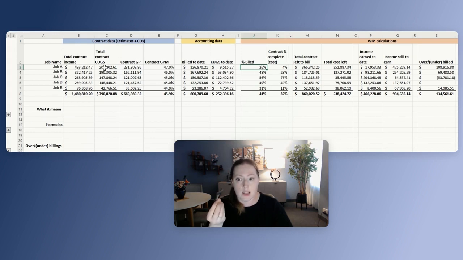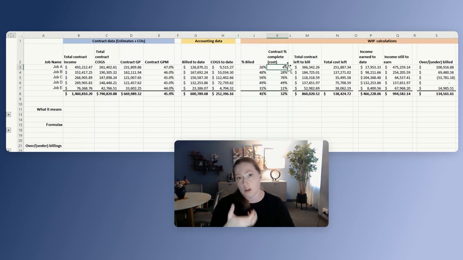However, you will also see that out of $261,000 in costs that we expected for this particular job, we've only so far received $9,500. So we've only gotten 4% of the cost for this job, which also means that our percentage of completion, how much we have actually completed this job, is at 4% as well.